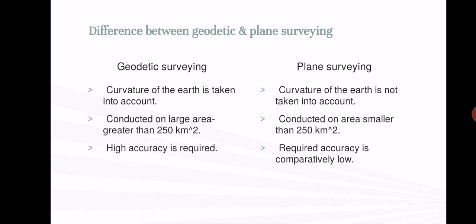In plane surveying, accuracy is also required, but the intensity is relatively low as compared to geodetic surveying. So that makes the third point: required accuracy is comparatively low in plane surveying to that of geodetic surveying.